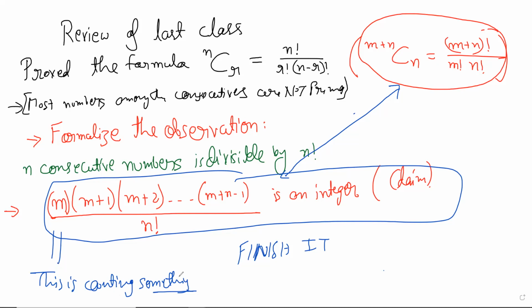Or maybe try to manipulate it and write it in terms of n choose r and something like that, right? And then you will be able to somehow prove a number theoretic fact using combinatorics. There will be other questions like this, but let's not discuss all of them at once. Maybe slowly we'll discuss the harder ones later and some for homework.